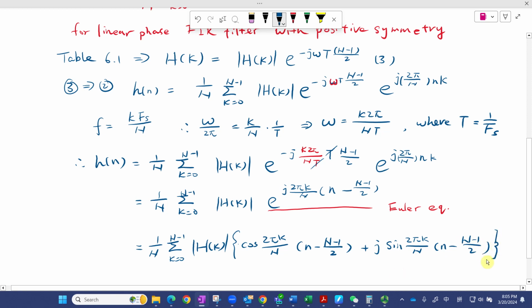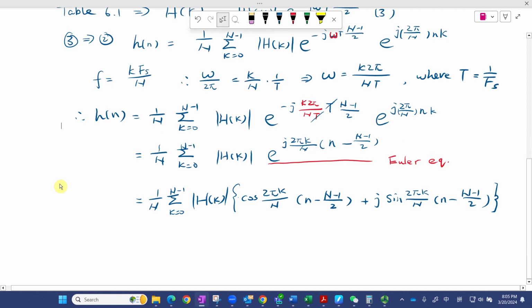So we're going to have two terms. Because lowercase h[n] is real, the sine term, which comes with a j here, must equal 0.